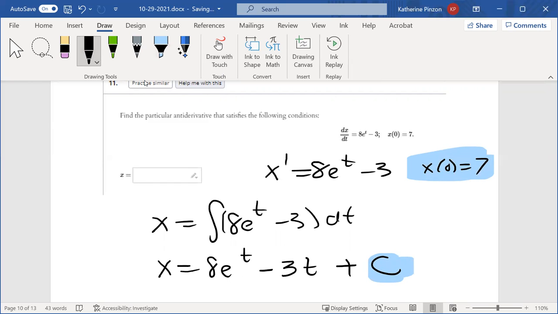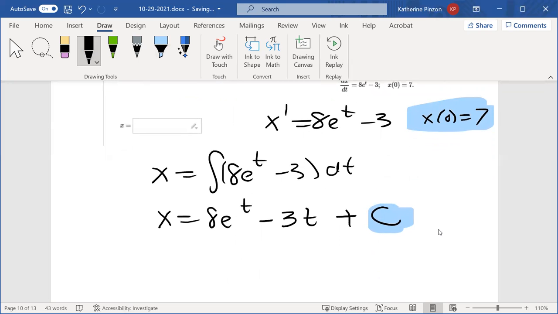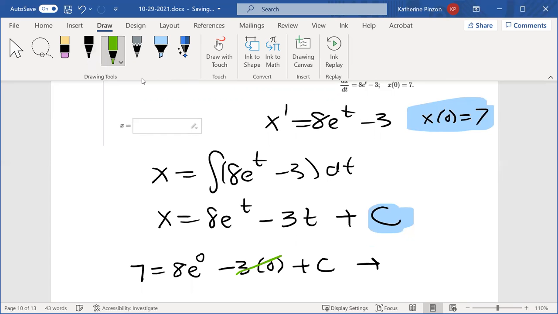So when I plug in 0 for t, it should spit out 7. 7 equals 8e to the 0 minus 3 times 0 plus c. Okay, 3 times 0 is 0. That's good. e to the 0 is 1 times 8, 8. Move it to the other side. -1. Okay, c equals -1.